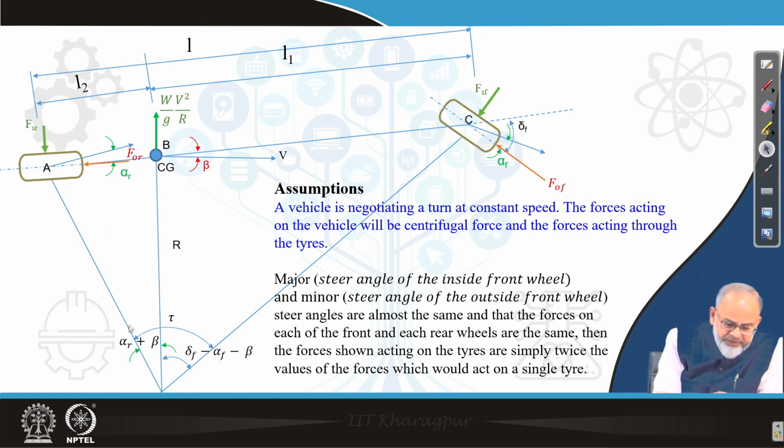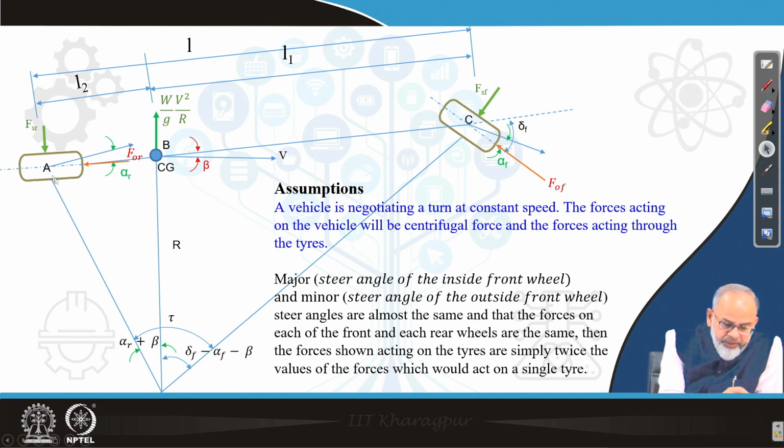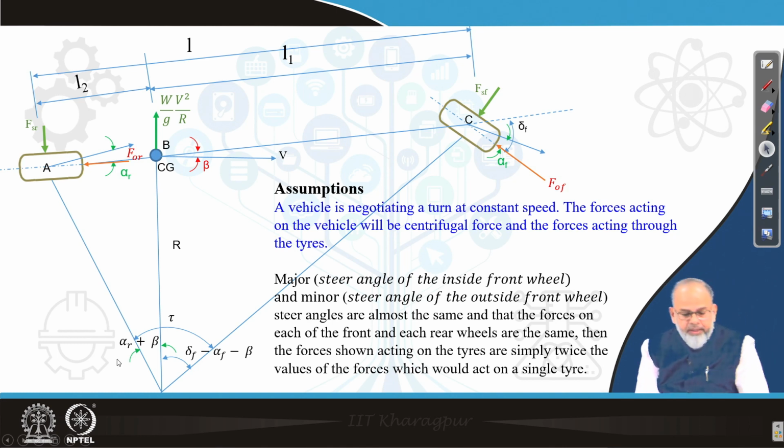Now, if you draw two lines perpendicular to these two wheels, they will meet at a point O, and the distance from O to CG is denoted as R, which is the turning radius. This triangle OBA is a right angle triangle, and the angle subtended at the center, that is AOB, will be equal to alpha R plus beta.